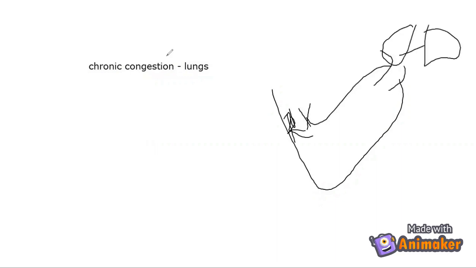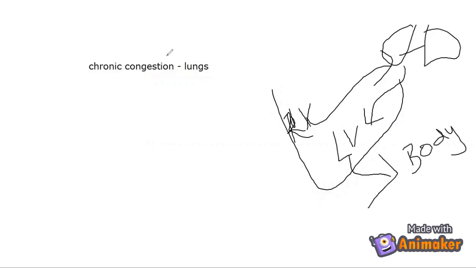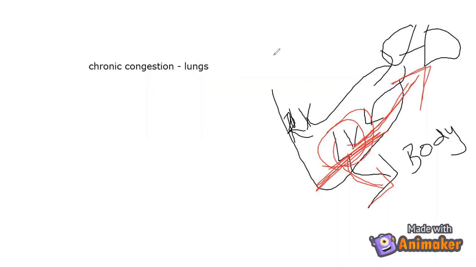And from the lungs, it is received by the left ventricle, which pushes the blood in the body. So what happens when the left ventricle fails to pump blood in the body? When the left ventricle fails, all the blood will pool in the lung. So we are talking about left ventricular failure, and the blood will be pushed back to the lungs.